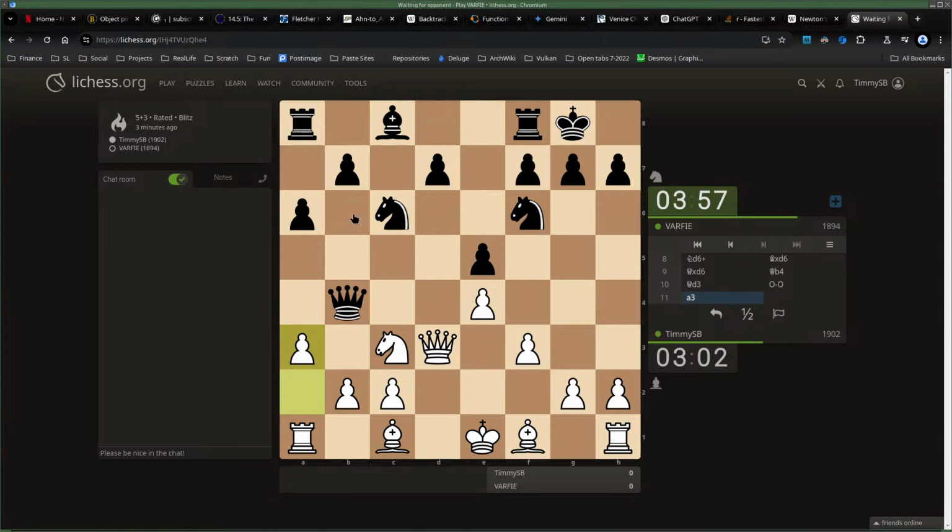Could go there, though. Can I just trap the queen if it takes here? Put my rook here. This is now defended. No, then my pawn would fall.